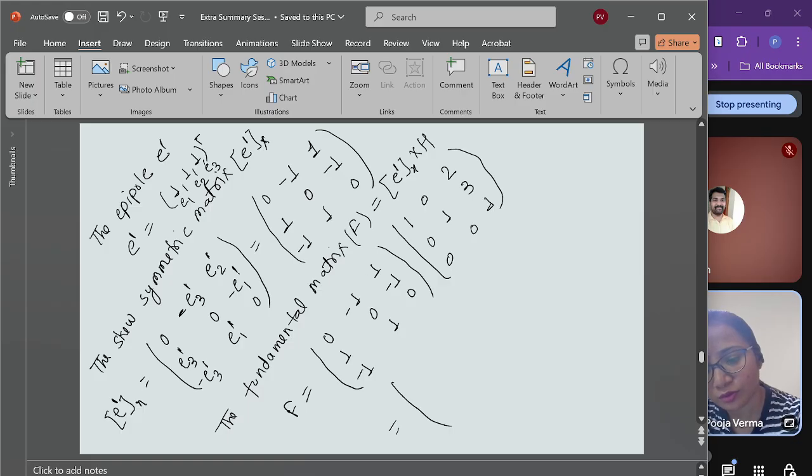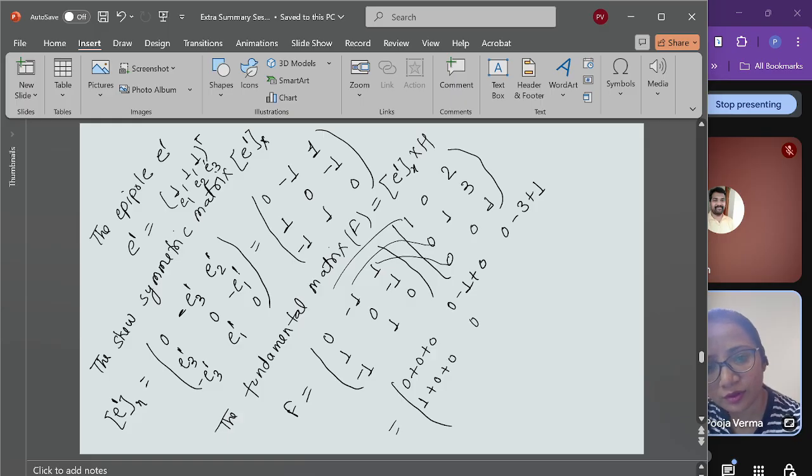Let's multiply first row, first column: 0 plus 0 plus 0, because 0 and 0 give 0. Similarly for this one, this one, this one. In the next column, first value you will get 0 minus 1 plus 0, again 0 minus 3 plus 1, 1 plus 0 plus 0, here all the 0, you will get 2 plus 0 minus 1.